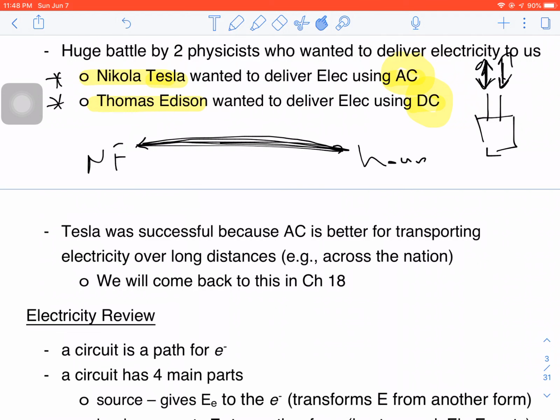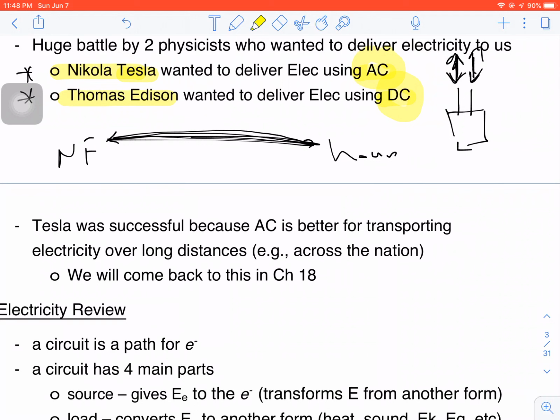Right, so he's somebody we should all know, and again, we'll talk about why Tesla won, because of its ability to transport over long distances. If electricity is made at Niagara Falls, some of it goes to my mom's house in Sudbury, some of it goes to Ottawa, some of it goes down to London, Ontario, some of it goes into New York City.